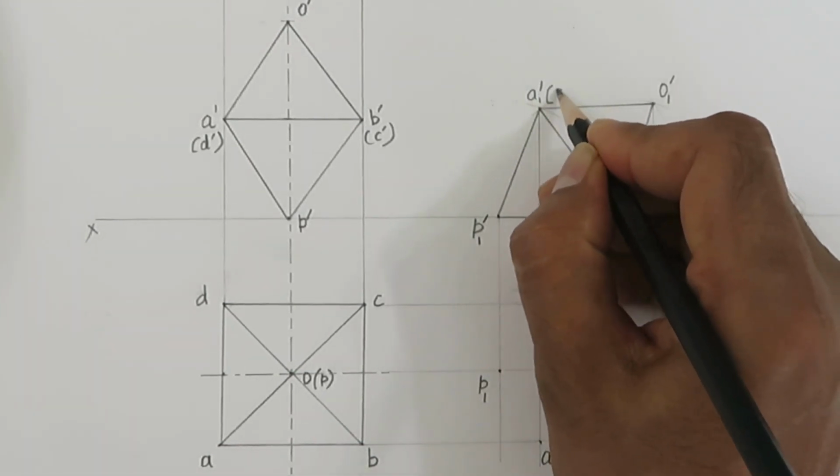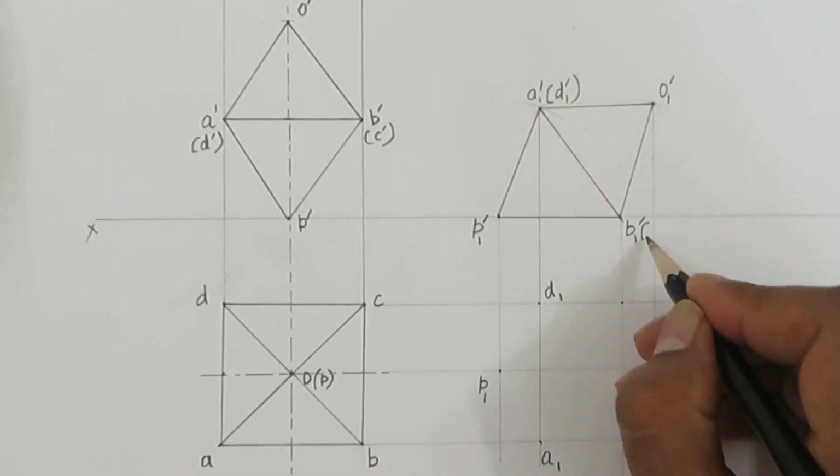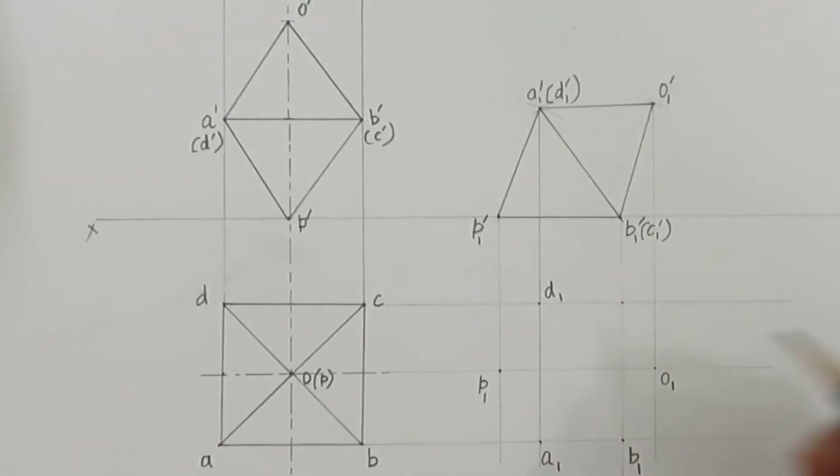So here we should write D1 prime, C1 prime.